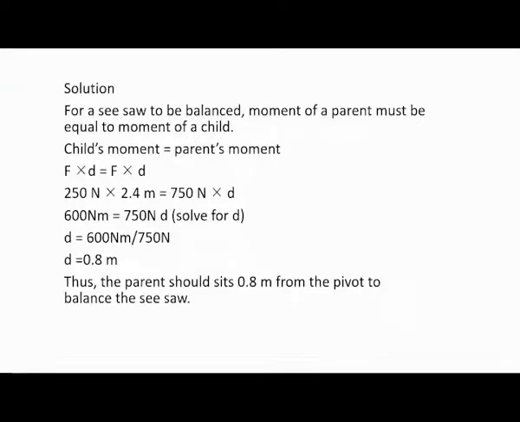Multiplying 250 by 2.4, we get 600 Newton meter. Then you have to divide both sides by 750 Newton to solve for d. The answer that we got is d equal to 0.8 meter. So the parent should sit 0.8 meter from the pivot to balance the seesaw. This is one of the problems that students should be able to solve.